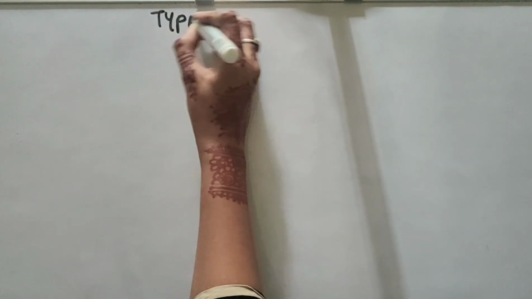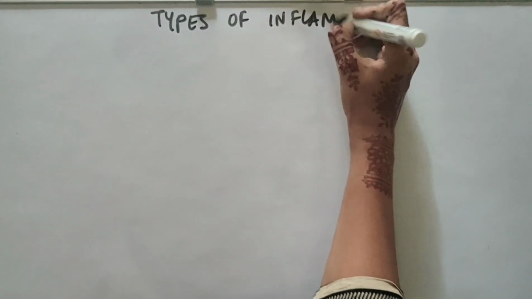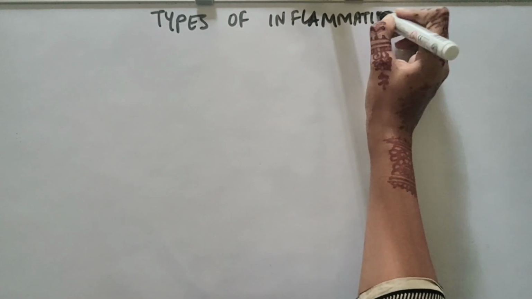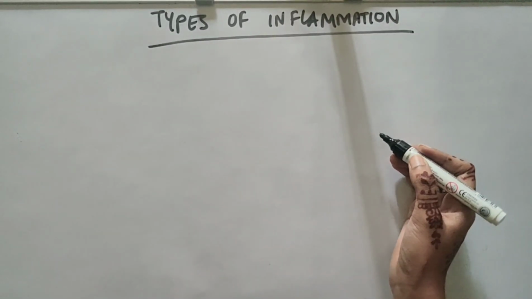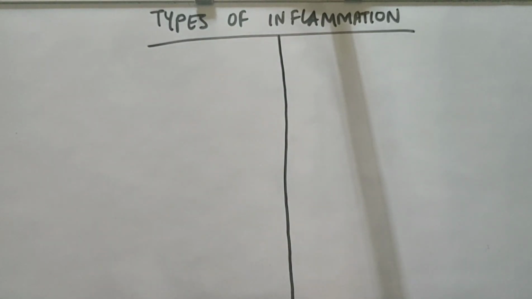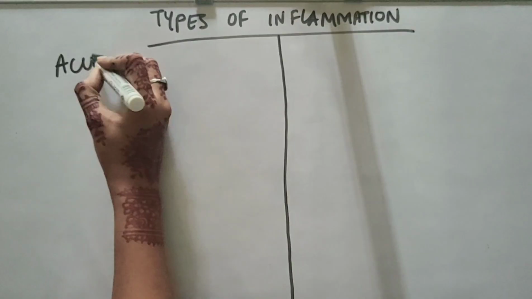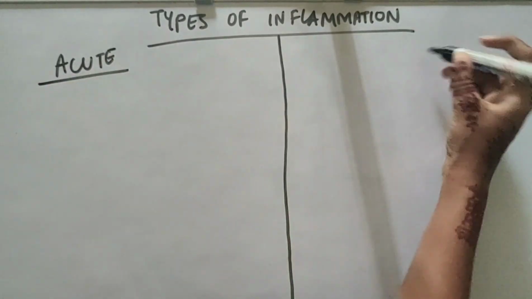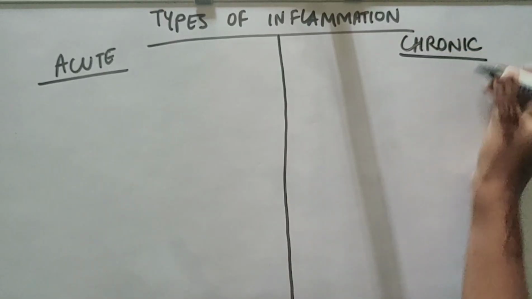Then we have the types of inflammation, the 2 types of inflammation, and depending upon the defense capacity of the host and duration of response, inflammation is classified into acute and chronic inflammation.